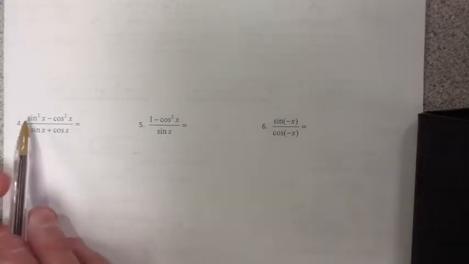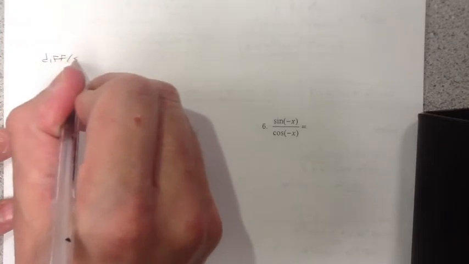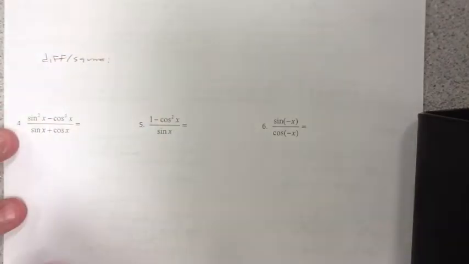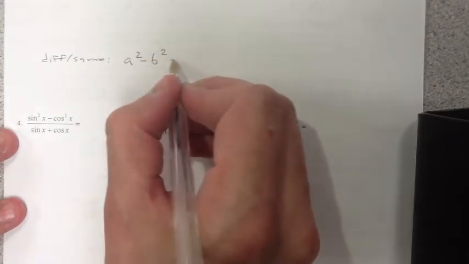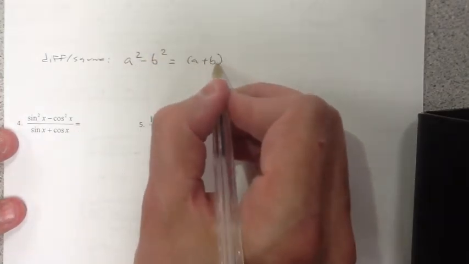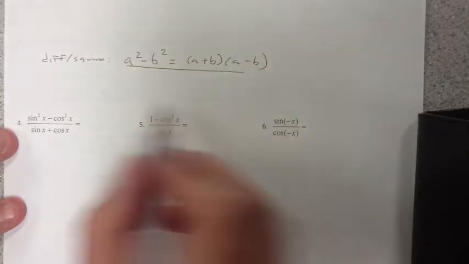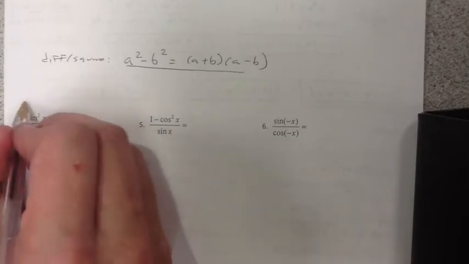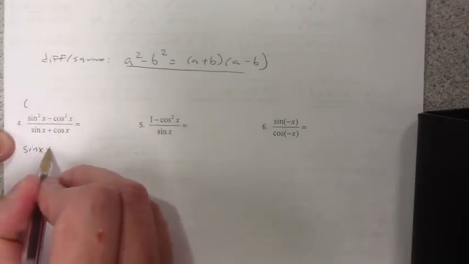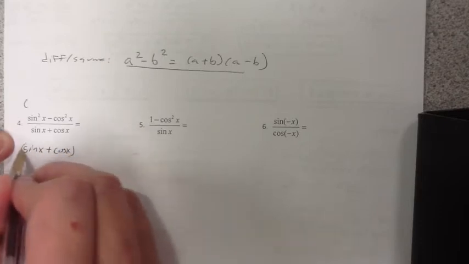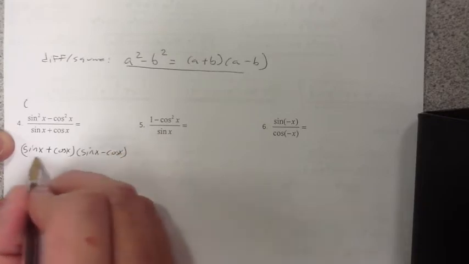So instead what we're going to do is remember an old algebra skill. Difference of squares. And a difference of squares, remember it says this. If I have a squared minus b squared, I could write that as a plus b times a minus b. And that's actually kind of what we have here. I could write the top as the sine of x plus the cosine of x times the sine of x minus cosine of x.